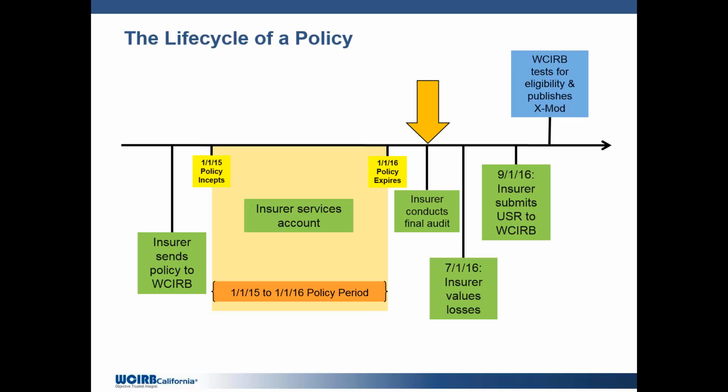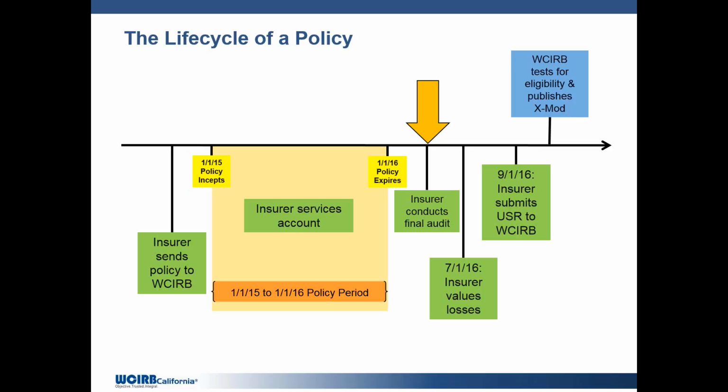So let's talk about the life cycle of the policy. Being agents and brokers, I'm sure you're very familiar with this life cycle: you find a policyholder, you get the paperwork to the carrier, and the carrier sends that information to the bureau, and then the policy runs its course.